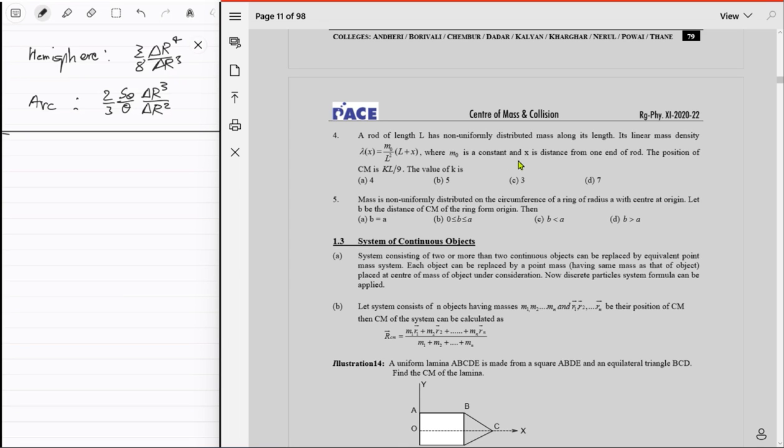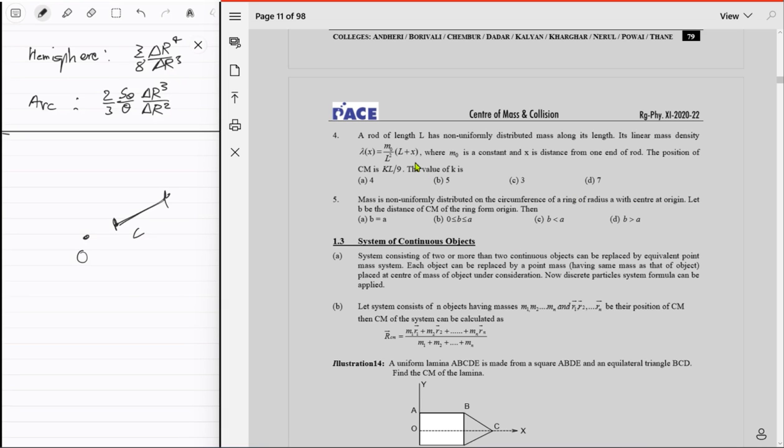Wait, what are its endpoints? Do you even know that? Does it start at the origin? Does it not? Maybe this is how the rod is. This is our origin. It starts here until there, length L. Who knows? It could be like that, right?